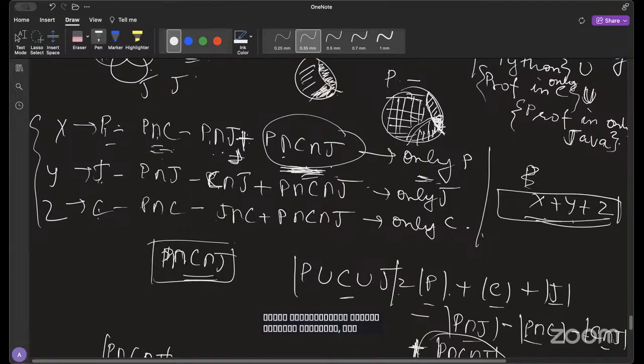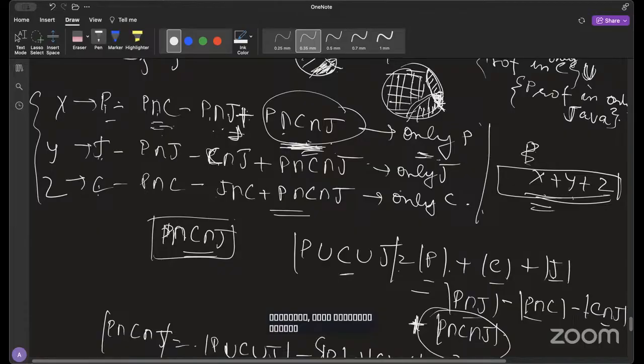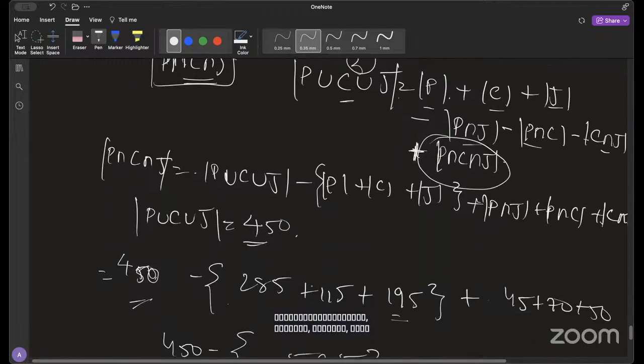Have you understood this formula? If there's any doubt in the formula itself, how we get here, why we are doing this part, these are the three things you're using, 1, 2, and 3. If there's a doubt in these three parts, otherwise it's just calculations.